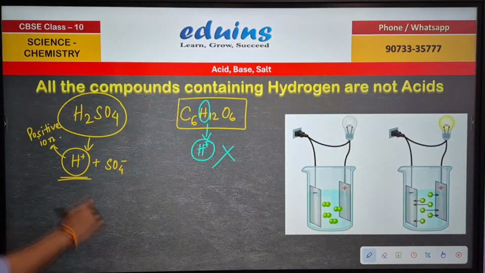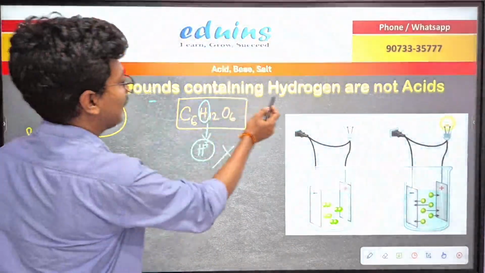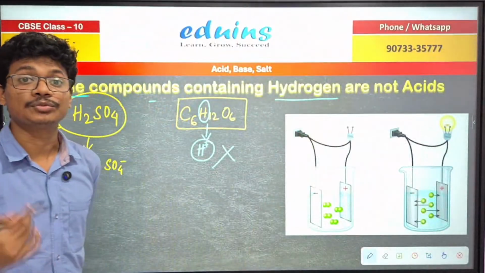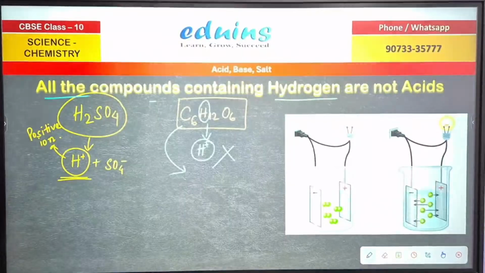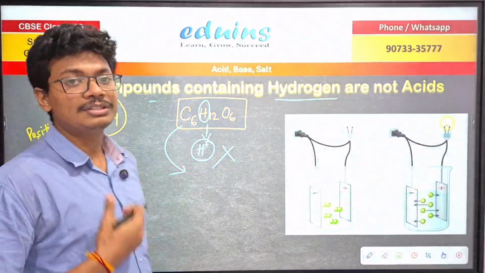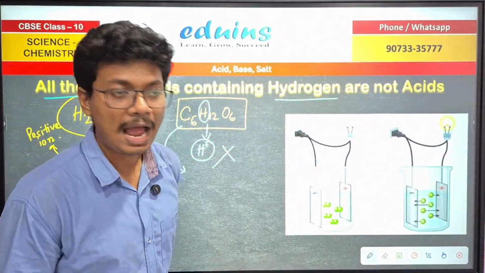So all compounds containing hydrogen are not acids, because they cannot dissociate into ions or release hydrogen ions.